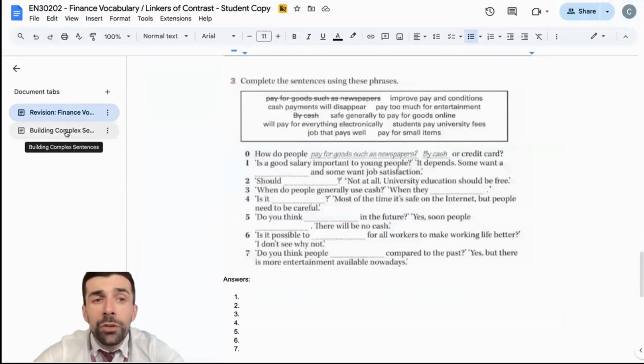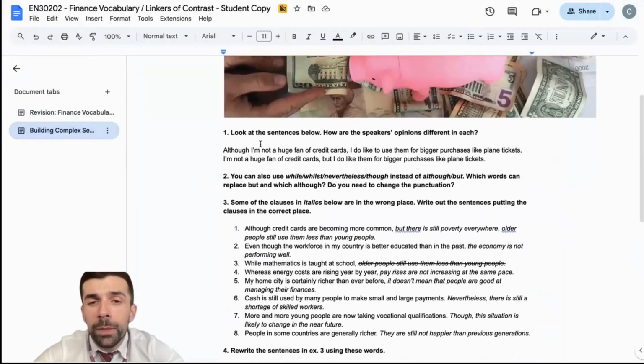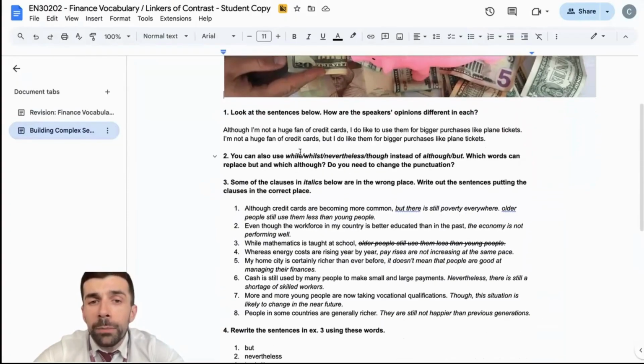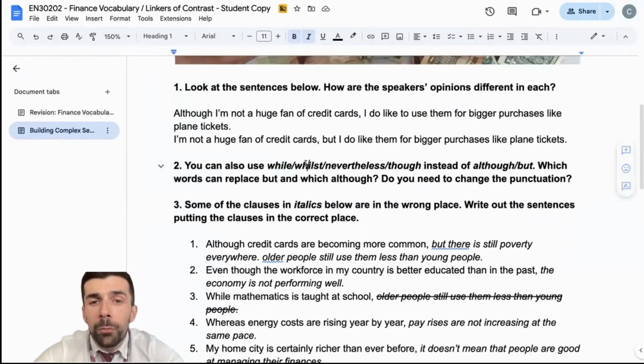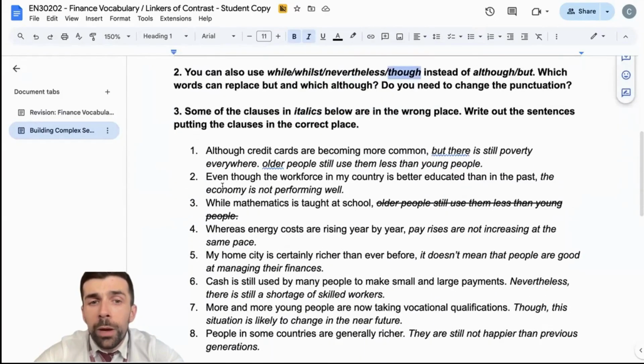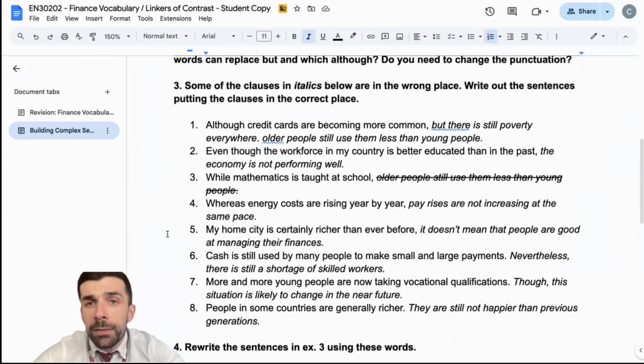If we go to tab 2, building complex sentences, this is where we were introduced to items like while, whilst, nevertheless, and though, as well as things like even though, whereas, and still. These are the items that can appear in this part of the test. Let's look at how these will be tested.